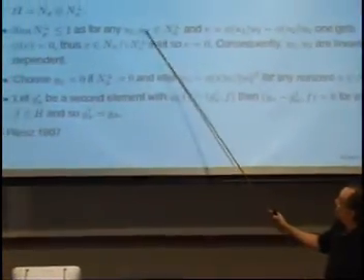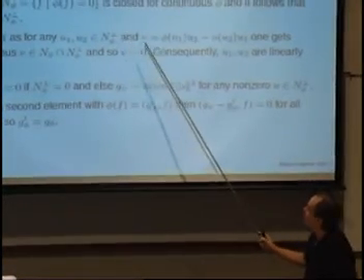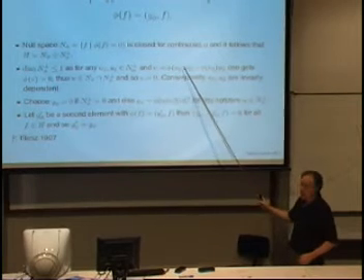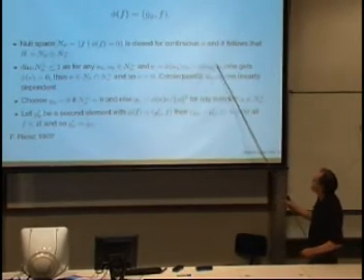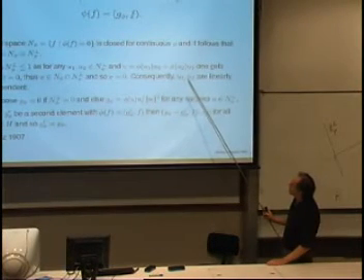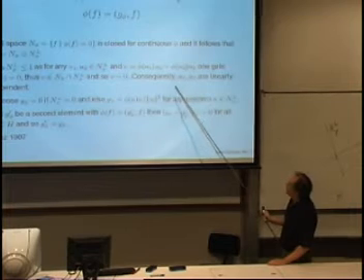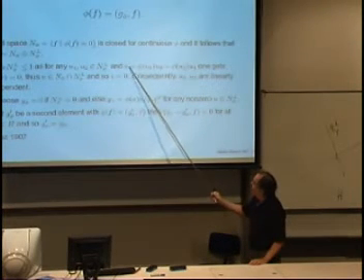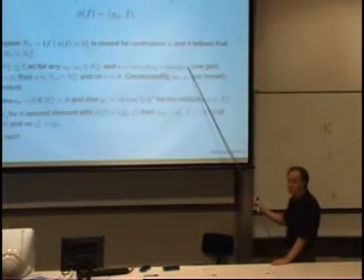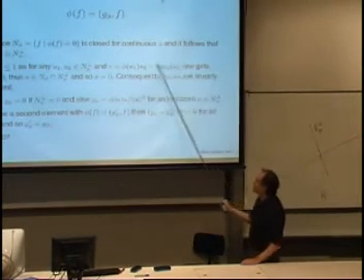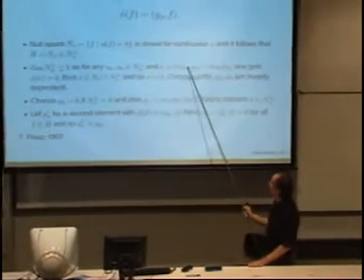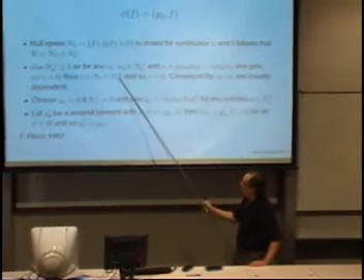If we take any two elements u1 and u2 out of this orthogonal complement, and look at phi of u1 times u2 minus phi of u2 times u1, then evaluating phi on this gives phi of u1 times phi of u2 minus phi of u2 times phi of u1. So that's 0, right? So this difference is actually in our null space. But because it's a linear combination of elements in the orthogonal complement, it's also in there.